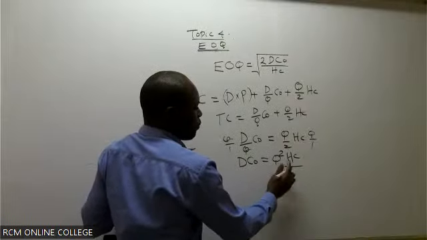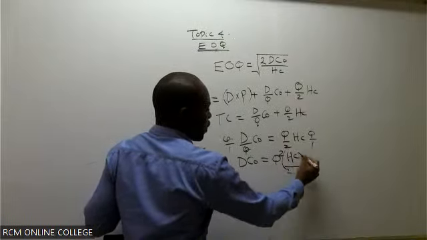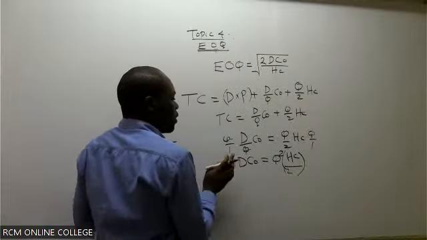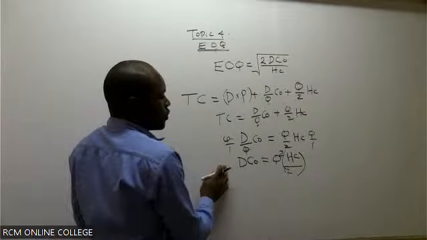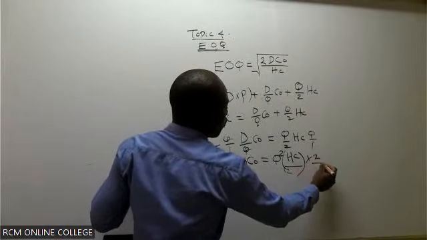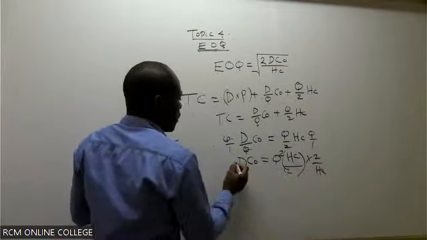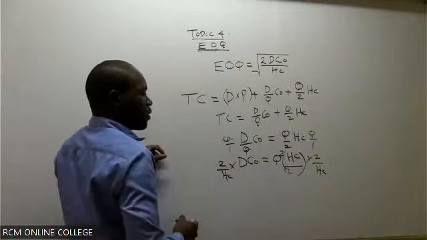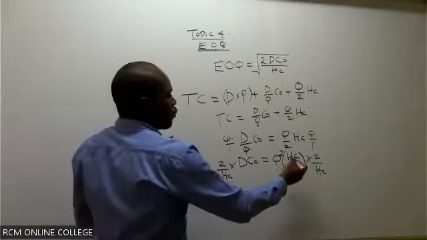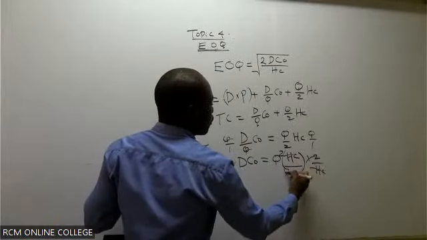Once you get to this point, why can't you transfer this section to the other side of the equation by multiplying with the reciprocal? So I'll multiply by 2 over HC. Of course, I've already eliminated this one here.